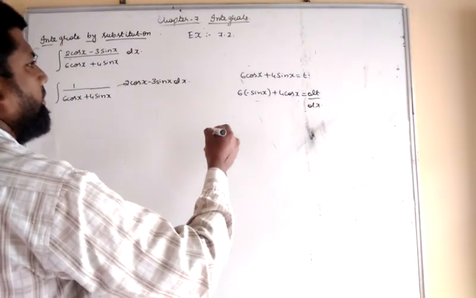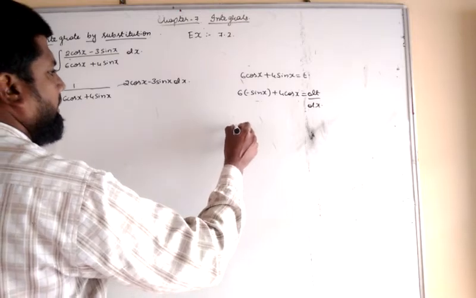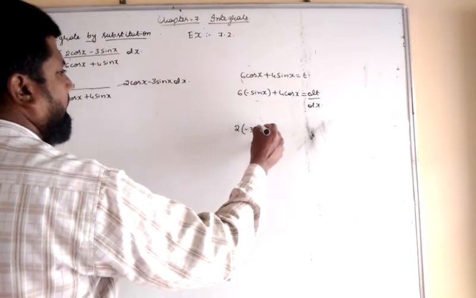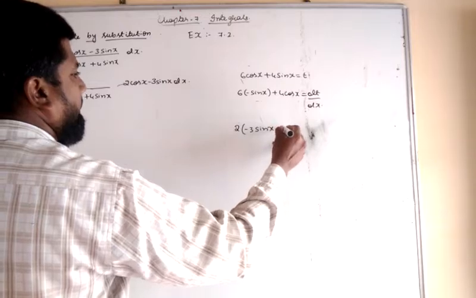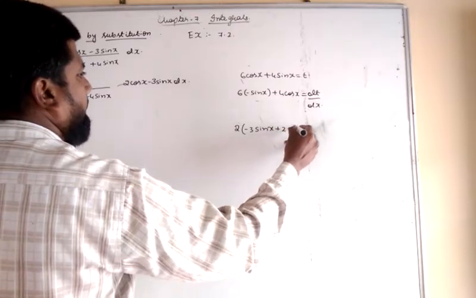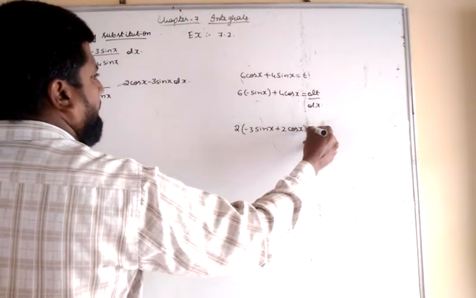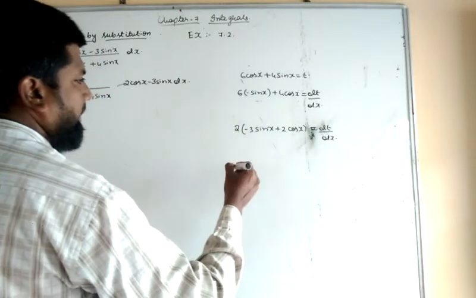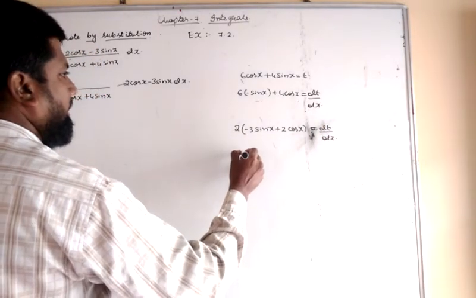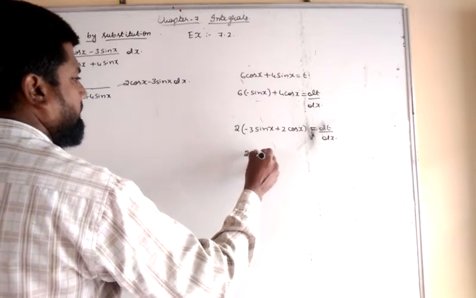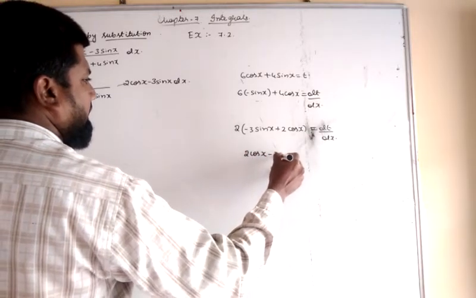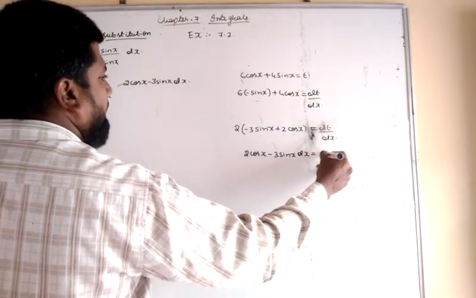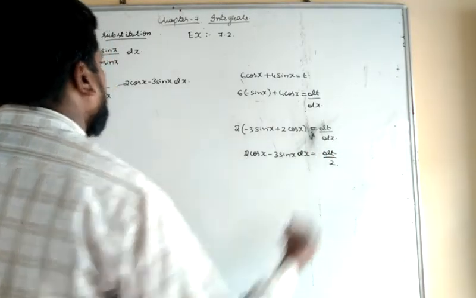Then 2 is common, so 2 into (2 cos x minus 3 sin x) is equal to dt by dx. Then we can write 2 cos x minus 3 sin x dx is equal to dt by 2.